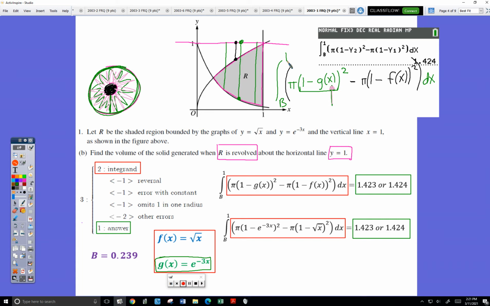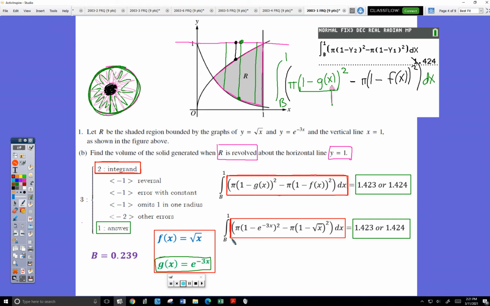So here's how the problem would be graded. They give 2 points for the integrand this time. They're looking for either this red box or this red box.